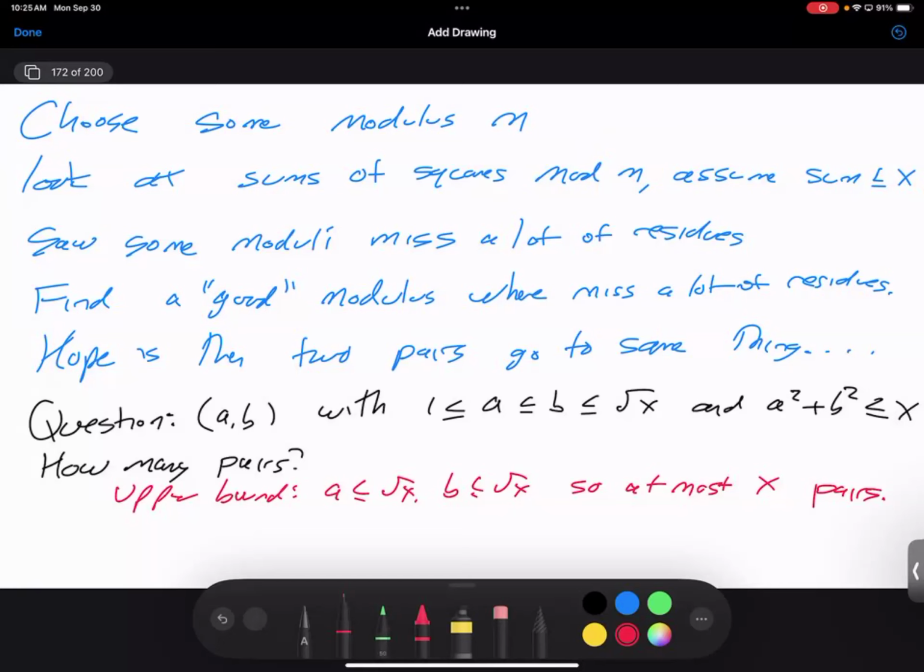How many numbers are there from 1 to X? X. And we show that there's at most X pairs. Is it possible that they all avoid each other? Unfortunately, yes. We miss by 1, right? So your upper bound, that there's at most X pairs, is not good. But of course, we really need a lower bound.